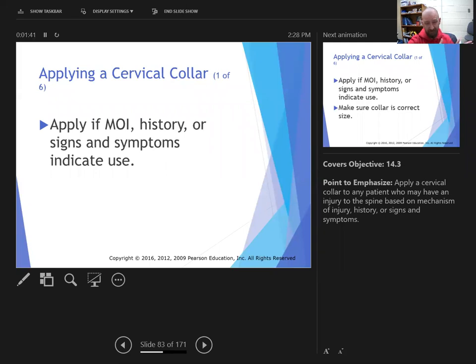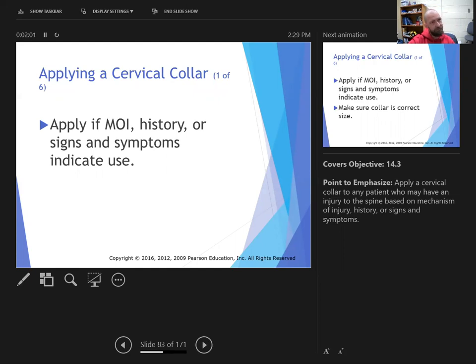Maybe the mechanism of injury was very low, like a bumper to bumper parking lot collision with a little bit of whiplash, but it was enough that we now have a serious problem.